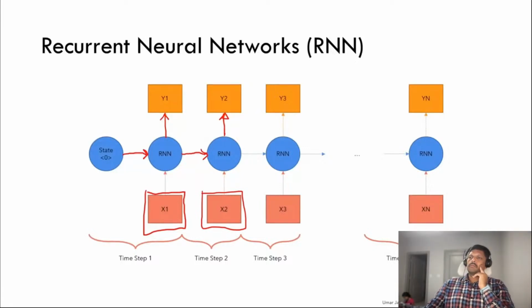Then we did the same procedure at the third time step, in which we took the hidden state of the previous time step along with the input token at time step 3, and the network had to produce the next output token, Y3. If you have n tokens, you need n time steps to map an n-sequence input into an n-sequence output. This worked fine for a lot of tasks, but had some problems. Let's review them.